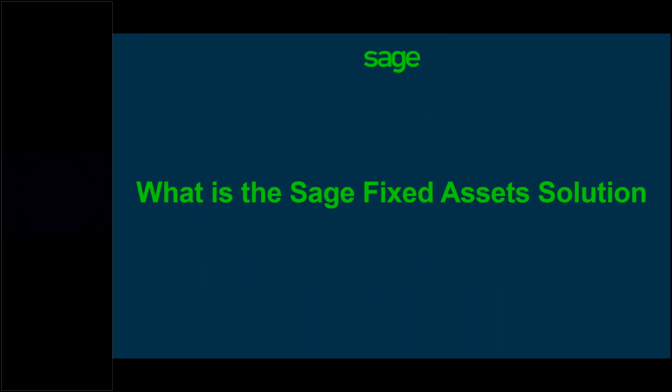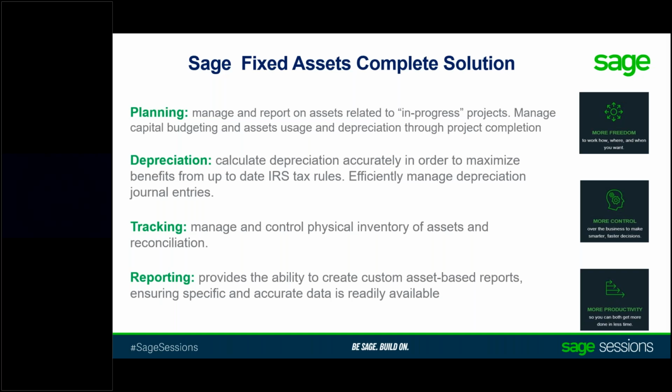So first, let's look at the Sage Fixed Asset solution overall. So this solution is really designed for handling your assets through a full life cycle. And this really is made up of 4 pieces. Our planning module. This is what would be used for handling CIP, so before an item becomes a fixed asset.